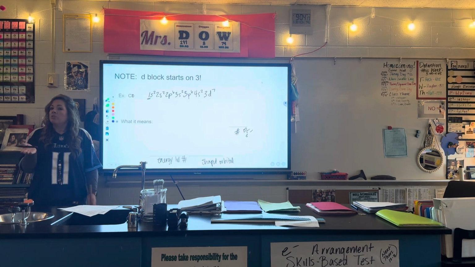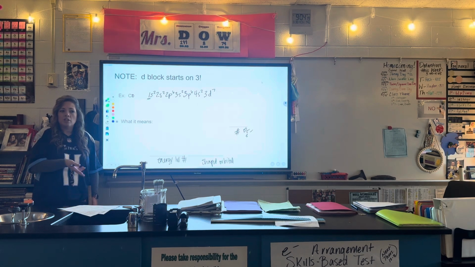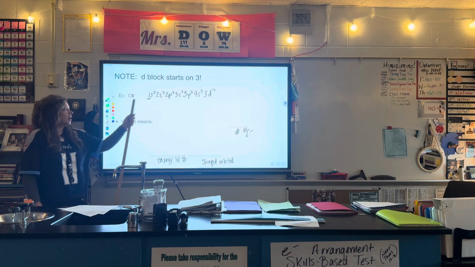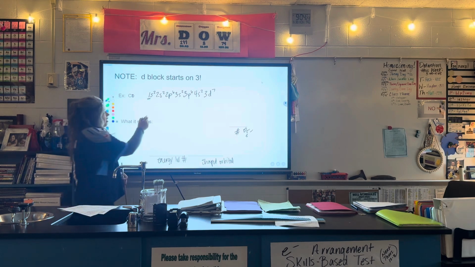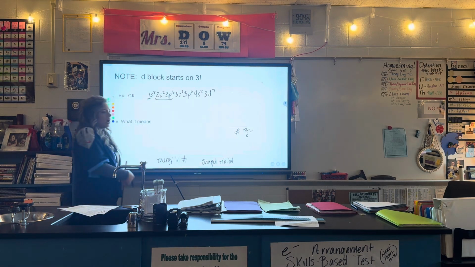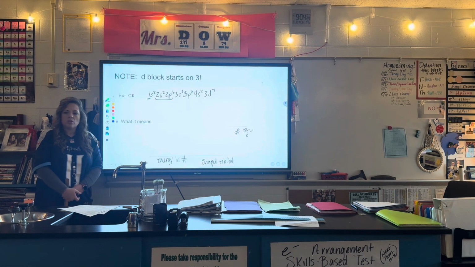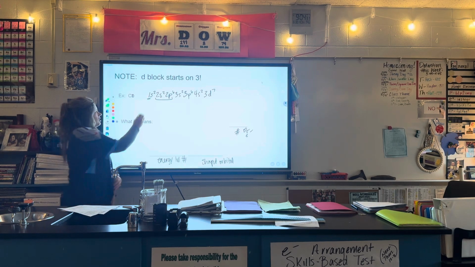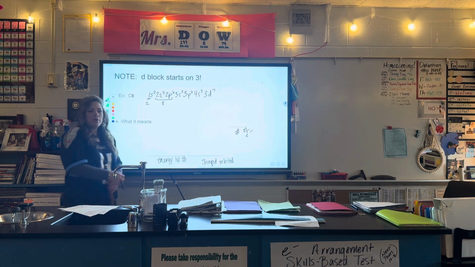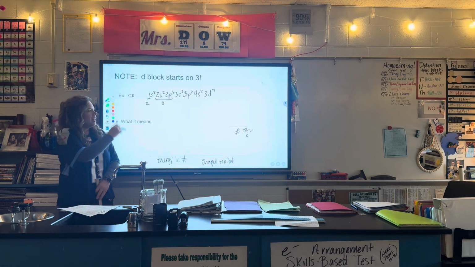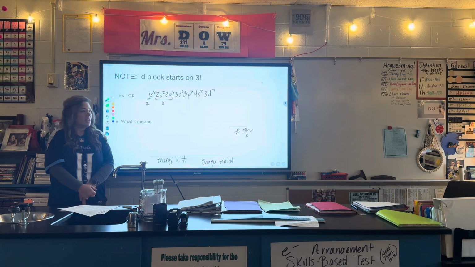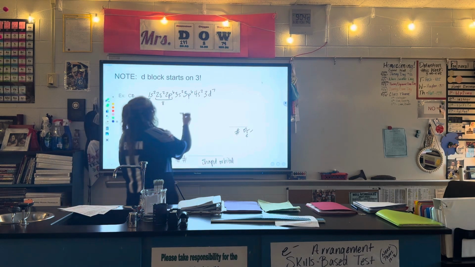And isn't that the most electrons that can go on the first energy level? Yep, there they are. All right. Second energy level. We have an s orbital and a p orbital. How many total electrons are there? 8. So here's 2, here's 8. Isn't that the most that can go on the second energy level? Yep.